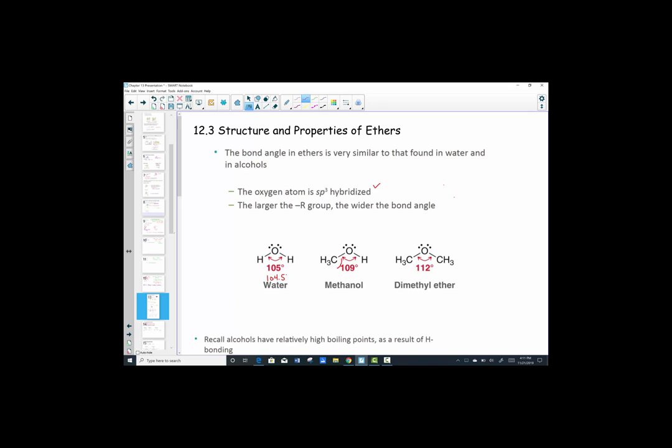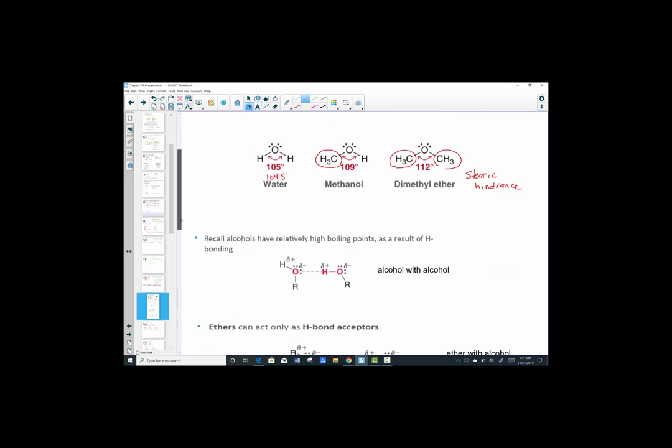Methanol, which now replaces one of the hydrogens with a methyl group, again increases the bond angle. And if I add two methyl groups on either side of the oxygen, the bond angle increases a little bit more. And this is really just based on steric hindrance. You want to make sure that you're giving those methyl groups plenty of room to move away from one another. So you'll see the bond angle increase as the more carbon around that oxygen increases.